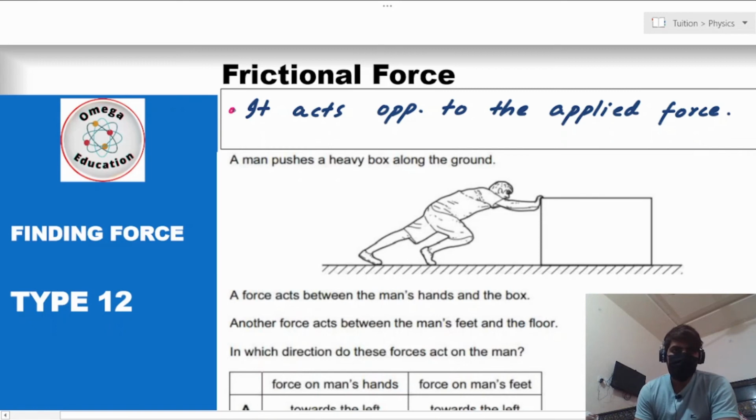And one more thing about frictional force, I can write over here.